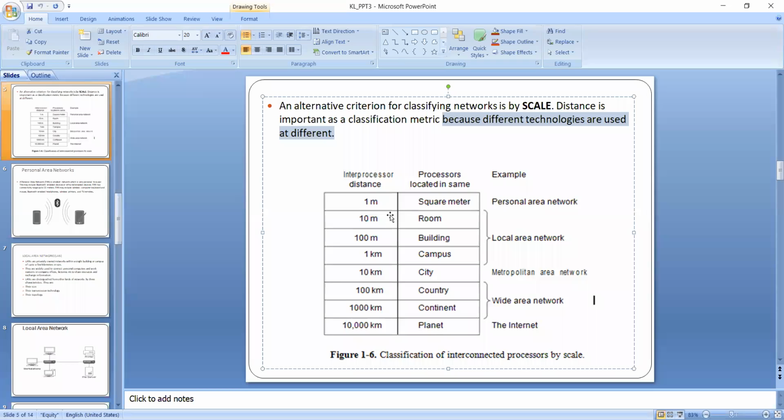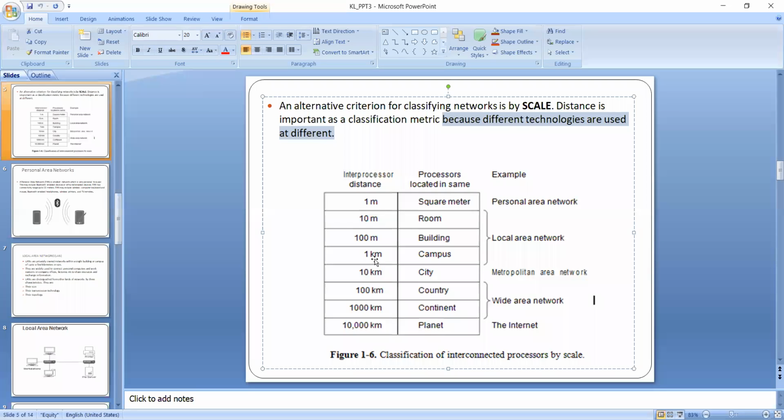If the processors are located within the range of a square meter, the type of computer network used is personal area network, simply PAN.